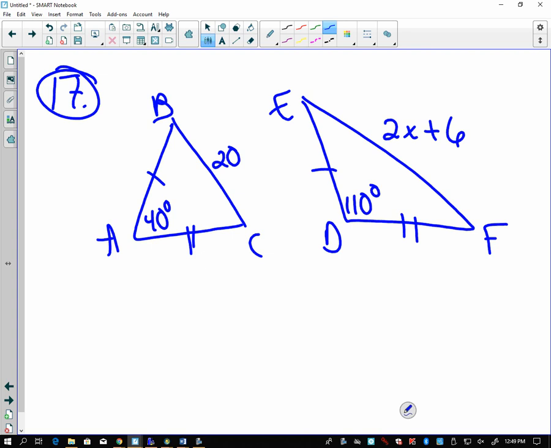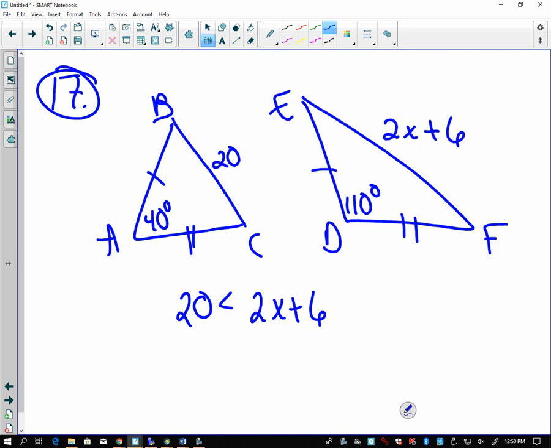What you need to look at is that in a triangle where two sides are congruent and the included angles are not the same, the side that's opposite the larger angle has got to be larger than the side that's opposite the smaller angle, correct? So I can write an inequality, right? If I was going to put 20, what would that be in relation to 2x plus 6? Less than 2x plus 6.